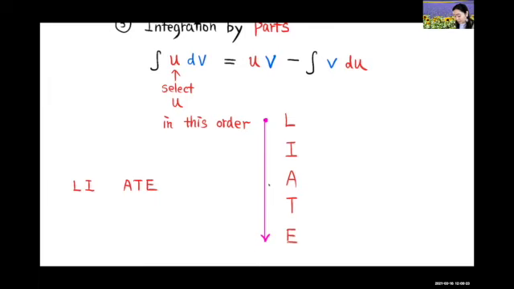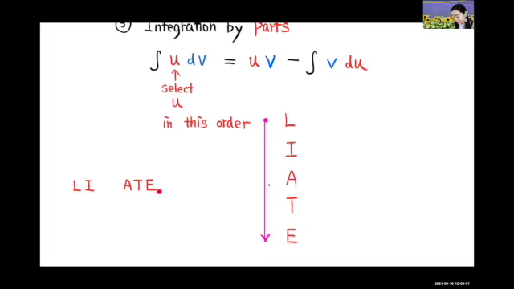Now, the way you can remember it is that L-I is a very popular Chinese last name, Li. A-T-E is the past tense of eat. Back in China in the old days, when we met each other, the first thing we greeted with was, have you eaten yet? 你吃了吗? So you can try to remember that.